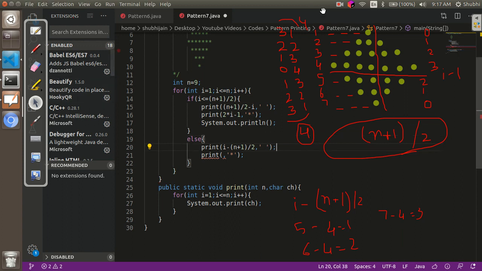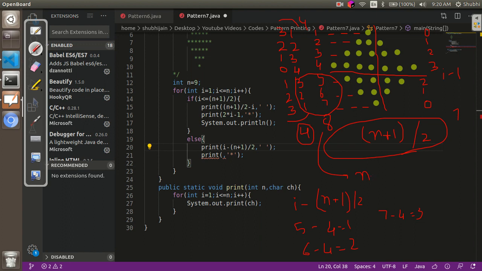Now, let's see how many stars are to be printed. Over here we can see that the sum of row and the number of characters being printed for the first half is equal to 8. And when we see for the second half, the sum is equal to 7. Since this is equivalent to 8, which is n plus 1, the number of characters being printed in the first half of the bottom half is equivalent to n plus 1 minus I. Let's verify this.